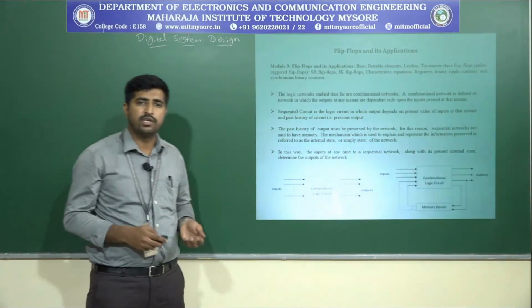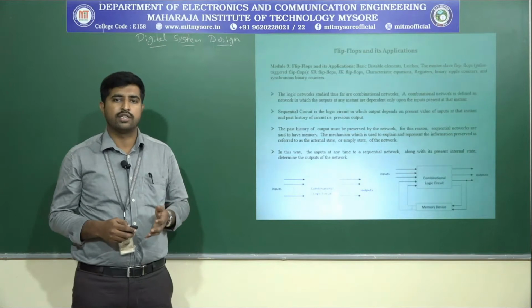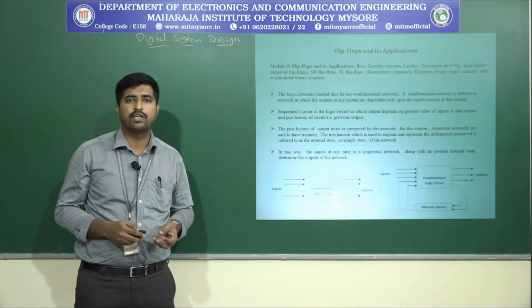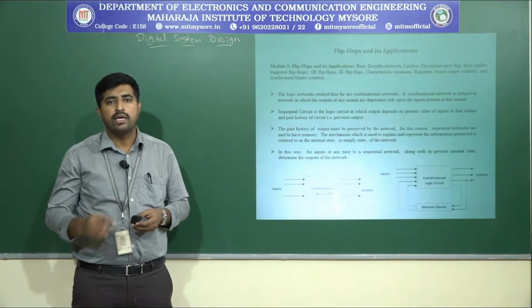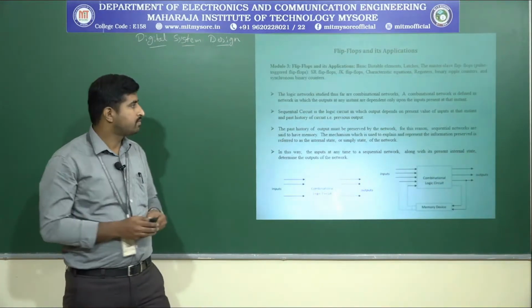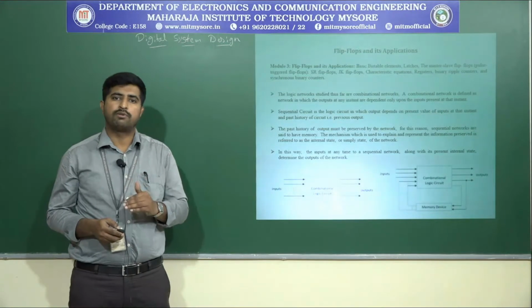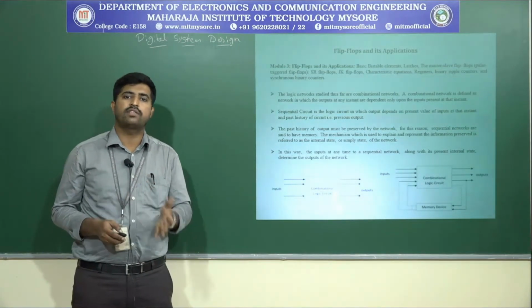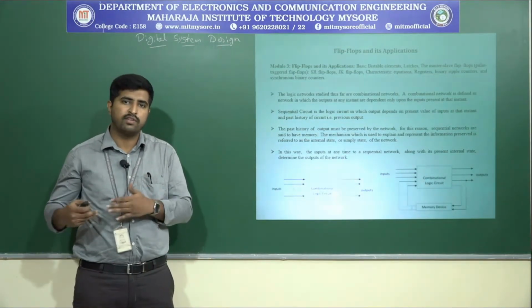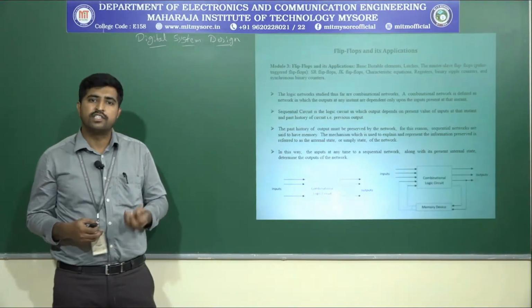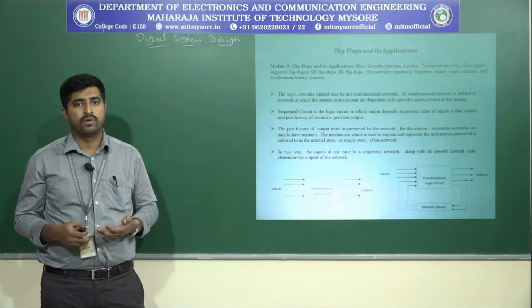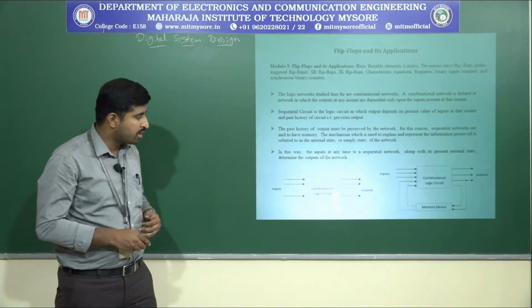A sequential circuit is again a logic circuit where the output not only depends on the present input but also depends on the past output. When it depends on the past output, we need to save the previous output, so whatever the previous output is, that needs to be stored. That means we can say sequential circuits have a memory, but combinational circuits do not have a memory.